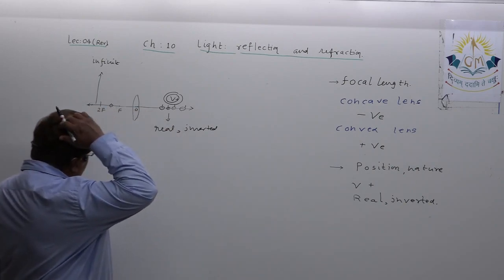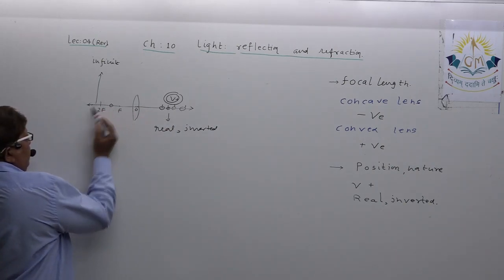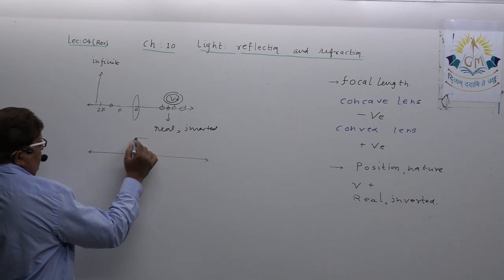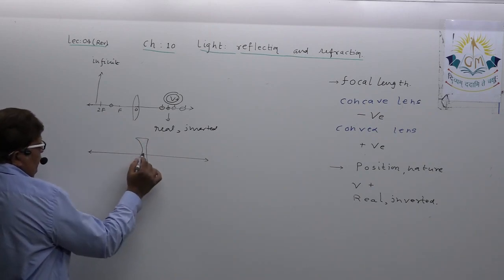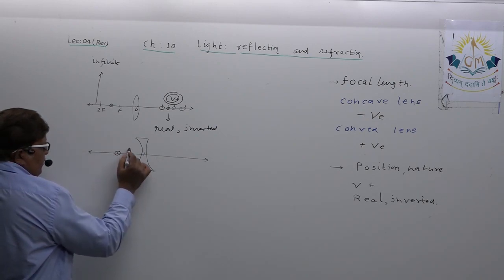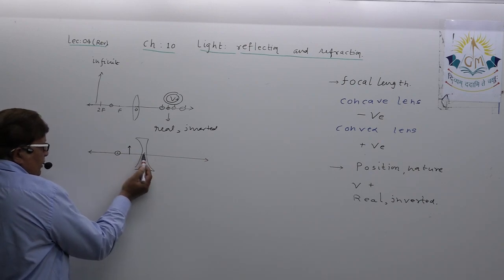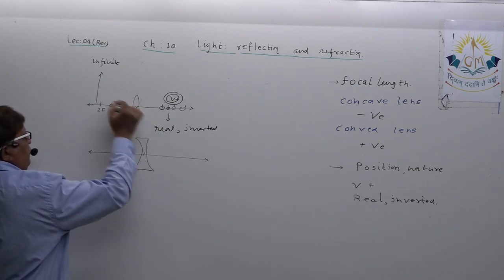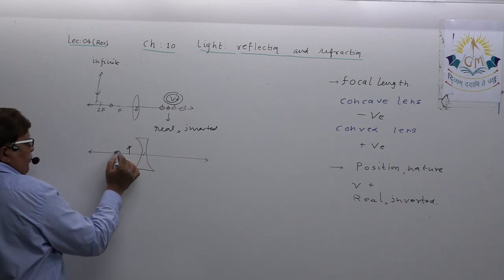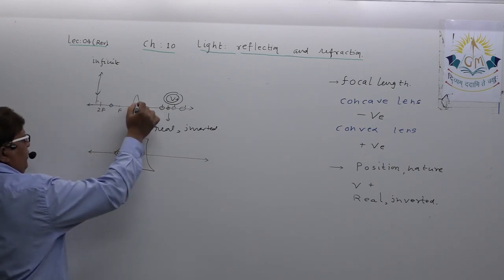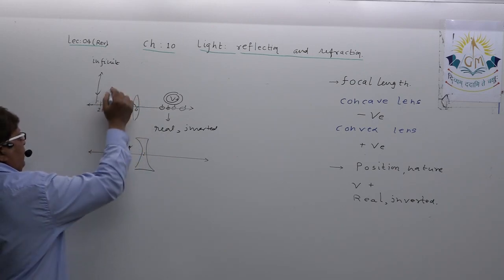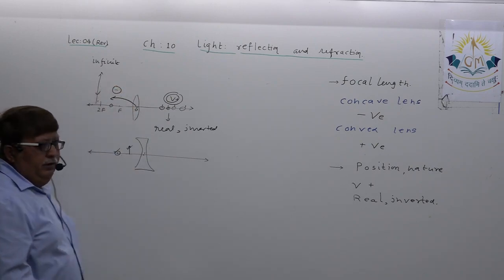And dear student, one image in a convex lens you get on this side. If you just draw a concave lens, in the case of a concave lens you get one image here at focus and one image here. So both the images are obtained on the left side. Here also you obtain one image on the left side, which is virtual erect, virtual smaller, virtual diminished. Here, dear student, because we are moving on the left side from the optical center, obviously V is negative.